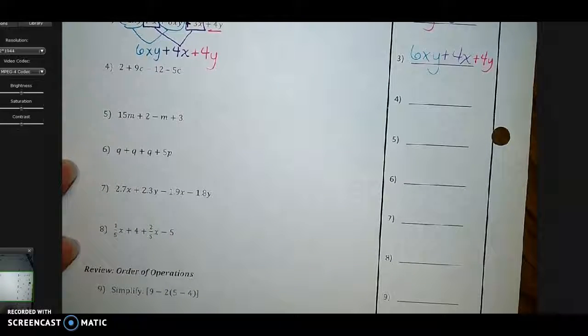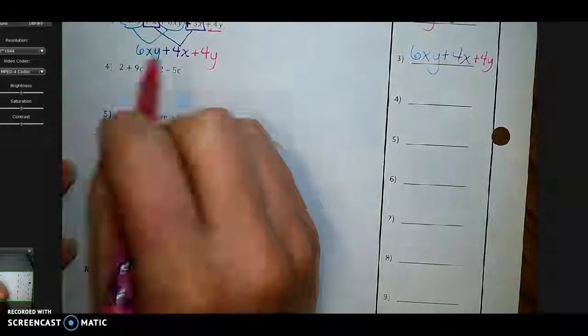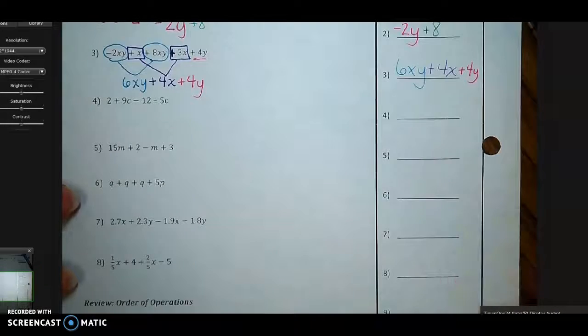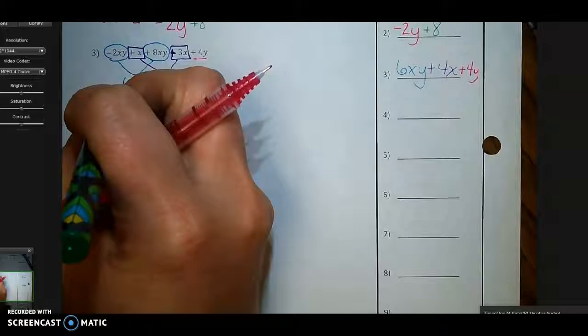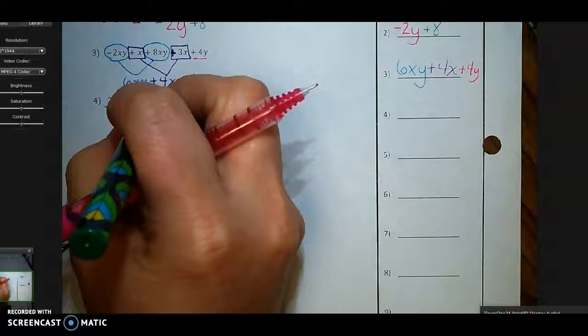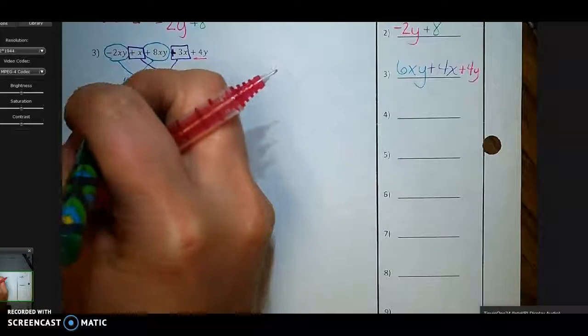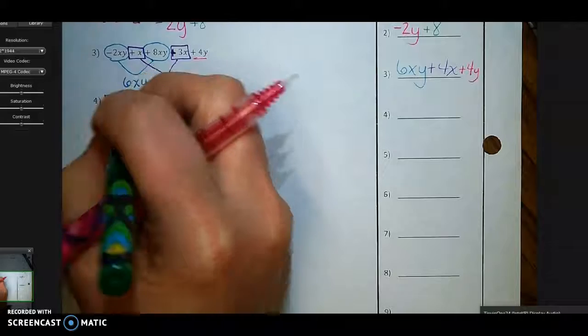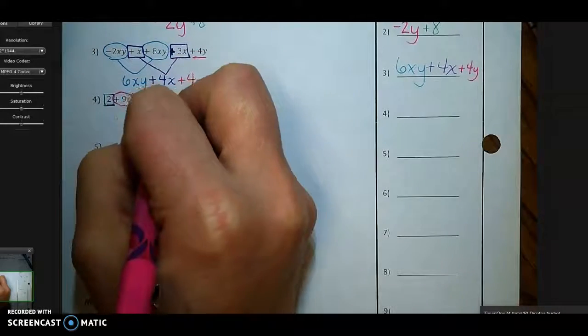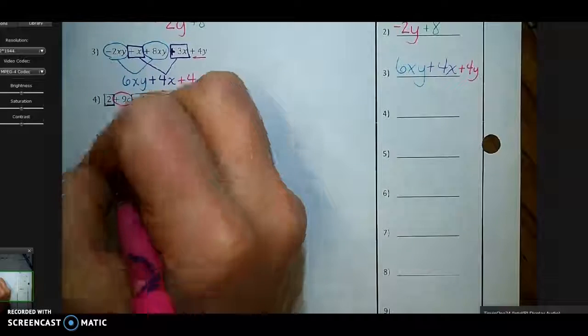Our next problem, we have 2. All right, so we have 2 there. And we have a negative 12. And these are both constants. And then we have a positive 9c and a negative 5c.